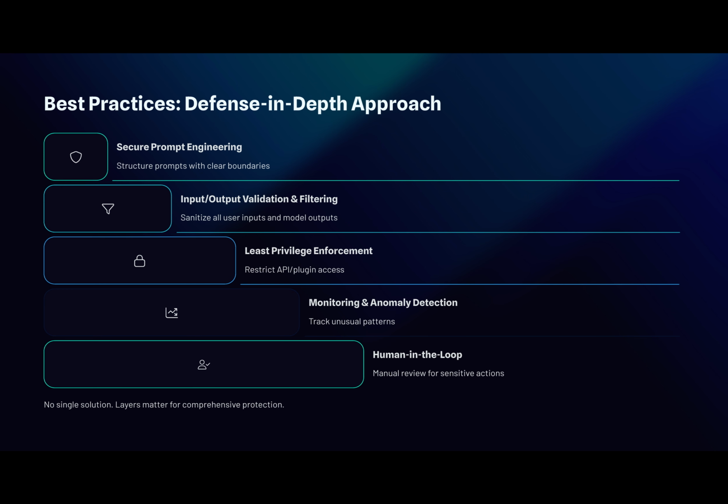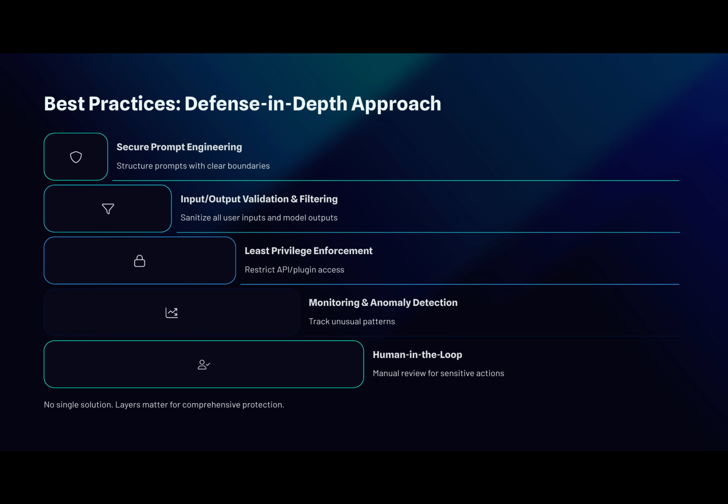Additionally, follow the principle of least privilege by restricting API or plugin access, giving applications and users only the permissions they genuinely need. Monitoring and anomaly detection are important for catching suspicious activity early. By tracking unusual patterns in prompts or outputs, you can quickly identify and respond to possible attacks.